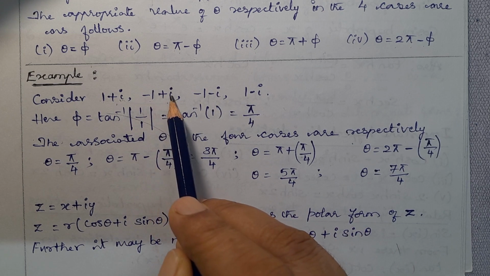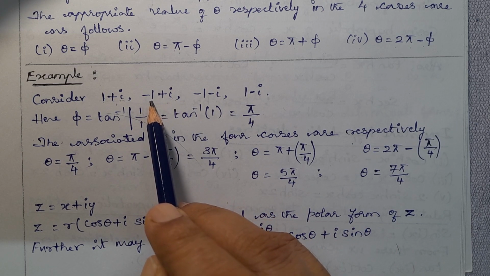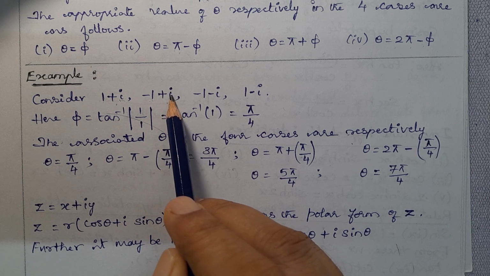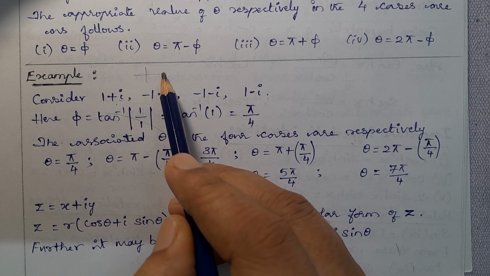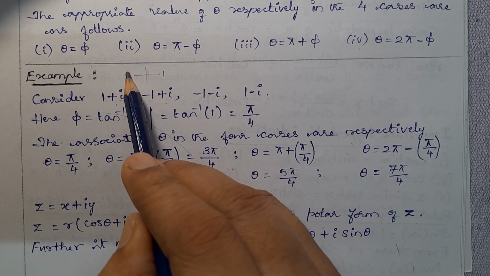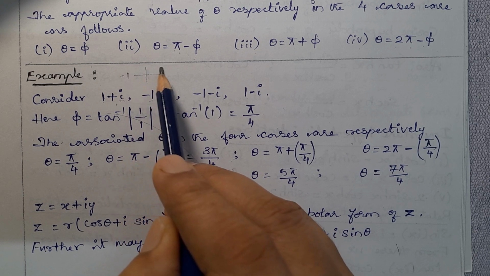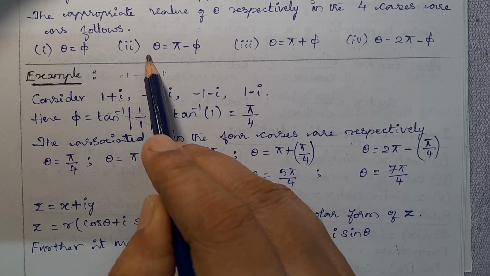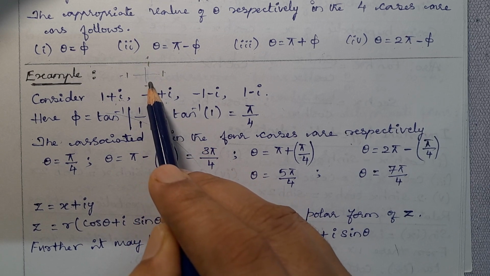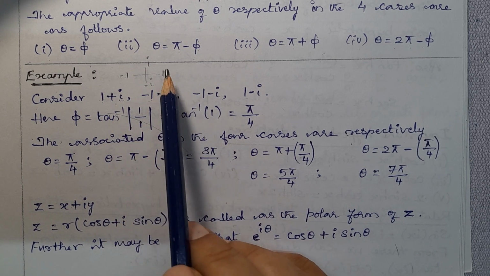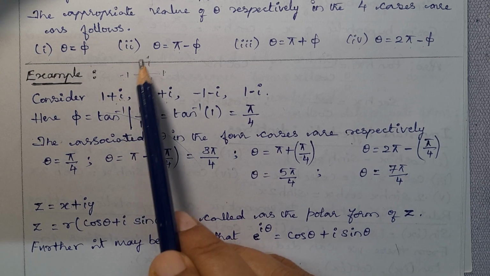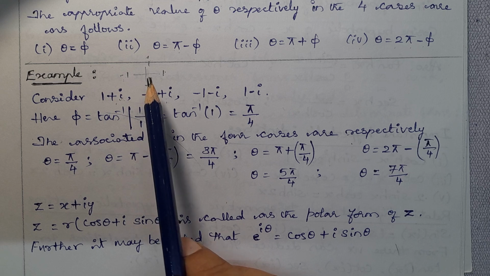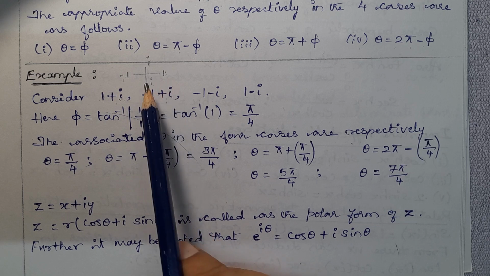Minus 1 plus i: minus x and plus y, so this is second quadrant. This is plus 1, this is minus 1, real axis plus 1, minus 1. Imaginary axis plus i and here minus i. So 1 plus i, minus 1 plus i, minus 1 minus i, 1 minus i.